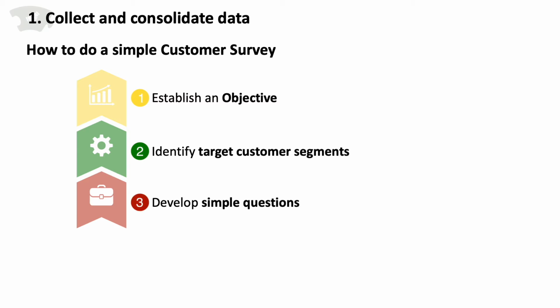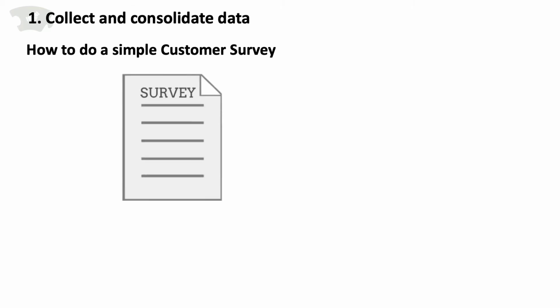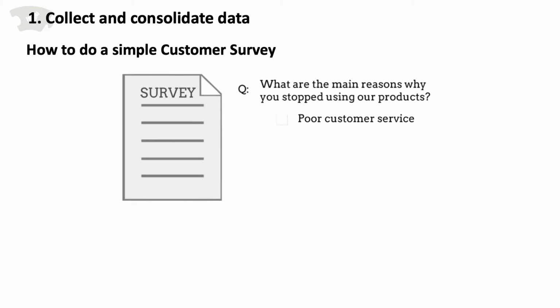Have simple questions in line with the objective of the survey. For example, to find out why the customer stopped doing business with you. Make the survey process smooth and easy for the customer by including multiple choices for selection, such as left due to poor customer service, feeling unappreciated, product or service has become too expensive, etc. Also include options for customers to provide more information.